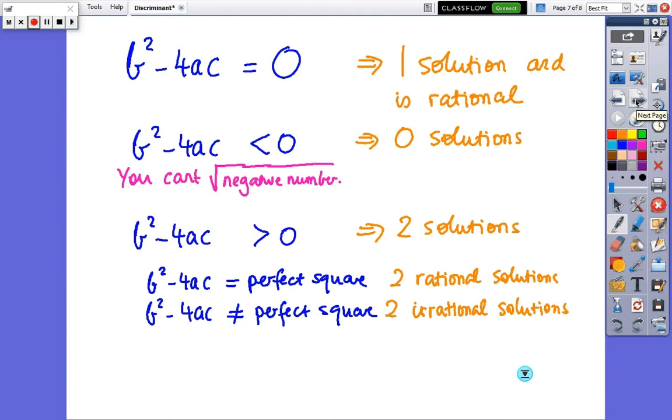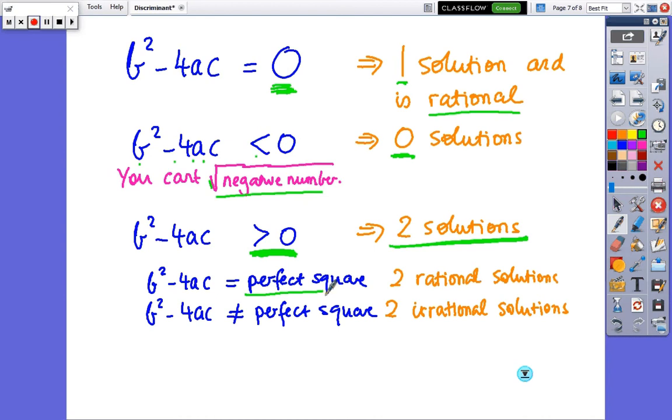Okay, so here's the guts of it. If b squared minus 4ac equals 0, we have one solution and it's going to be rational. If b squared minus 4ac is a negative number, you can't square root a negative number, so there are no solutions. If b squared minus 4ac is positive, there are two solutions.